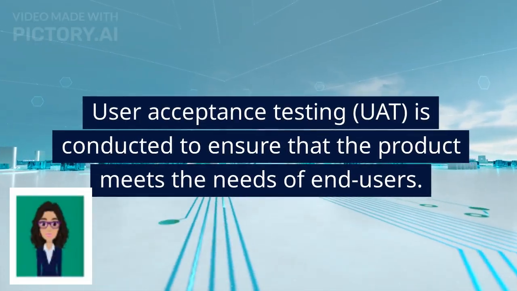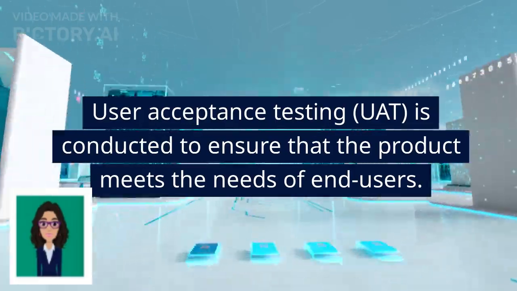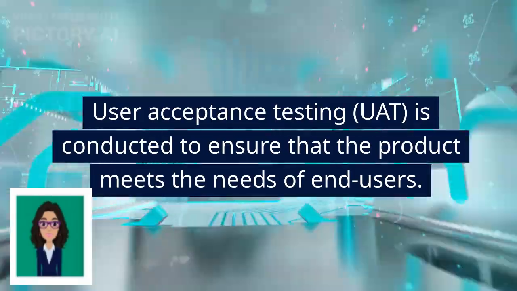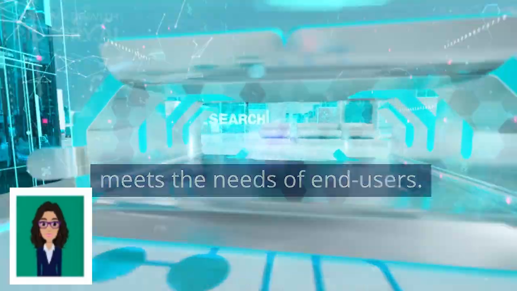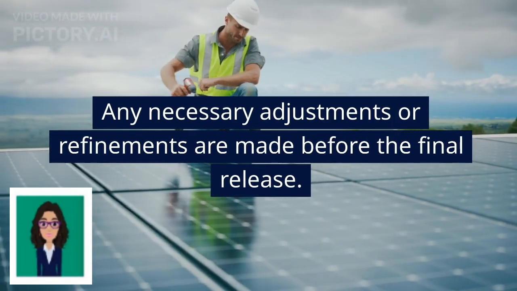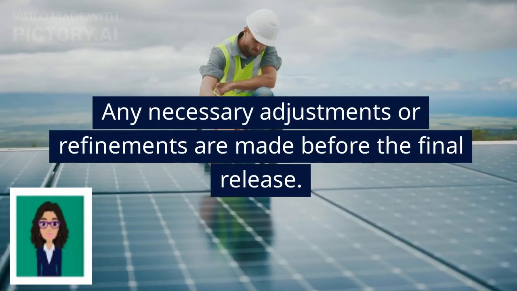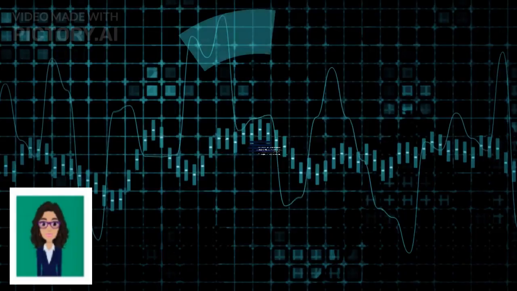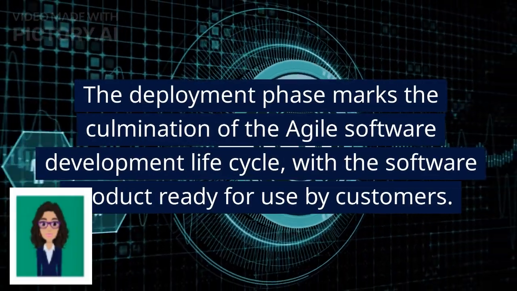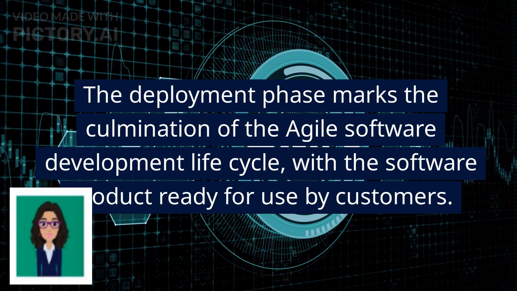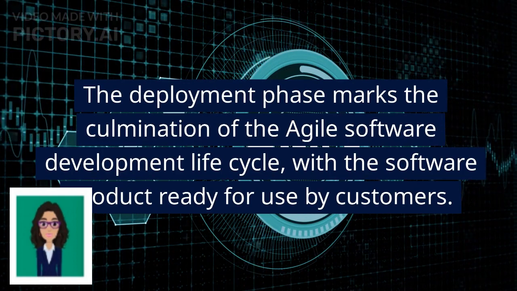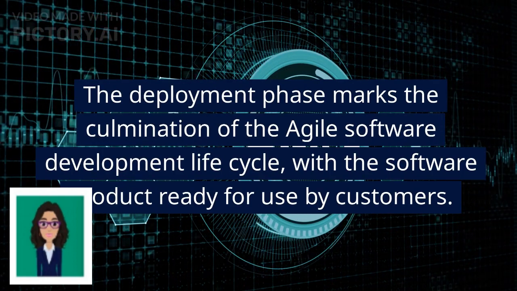User acceptance testing (UAT) is conducted to ensure that the product meets the needs of end users. Any necessary adjustments or refinements are made before the final release. The deployment phase marks the culmination of the Agile software development lifecycle, with the software product ready for use by customers.